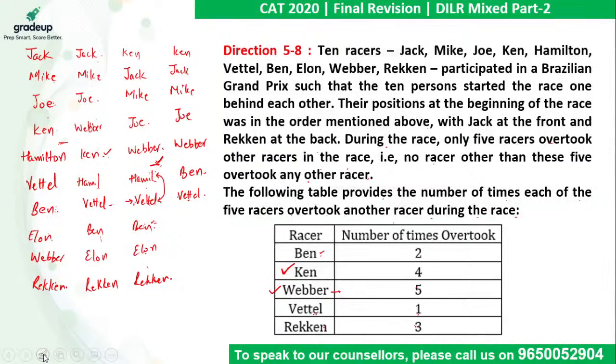So I am going to erase Vettel and I am going to write Raikkonen here. Right, so the positions of Vettel and Hamilton got interchanged. So Vettel overtook 1 person and Hamilton will come here. So in that case, Ian will be in that. So guys, please check it out. I hope this entire movement of all the racers is clear to each and every student.